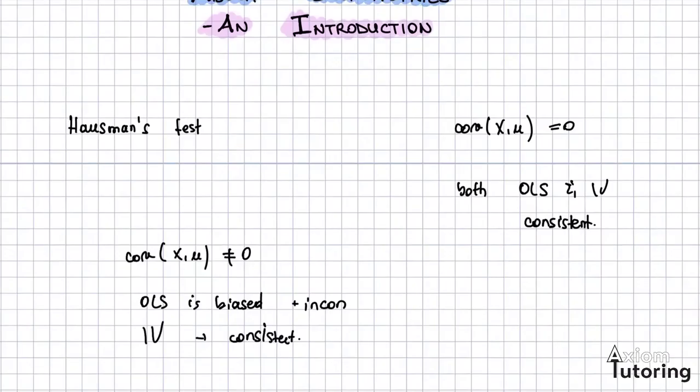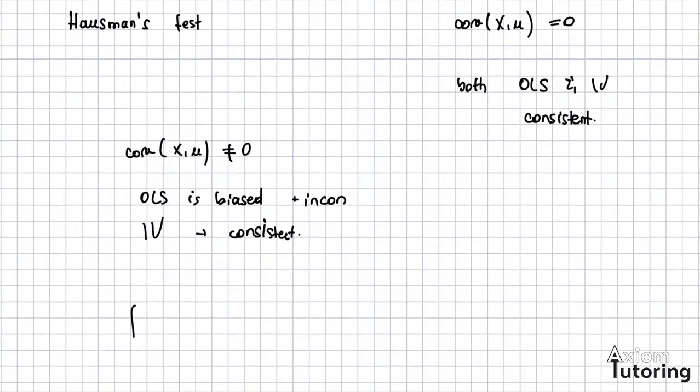So what the Hausman test asks is: is the difference between my beta hat OLS and my beta hat IV too large to be explained by sampling variation alone?